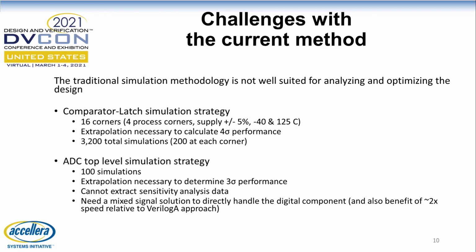For the full ADC, in order to get a better performance estimate, we needed to run an estimate of 100 simulations and extrapolate for 3 sigma performance. Pinpointing the sensitive part of our design that has a high impact on the statistical variation of the overall design was not easy.